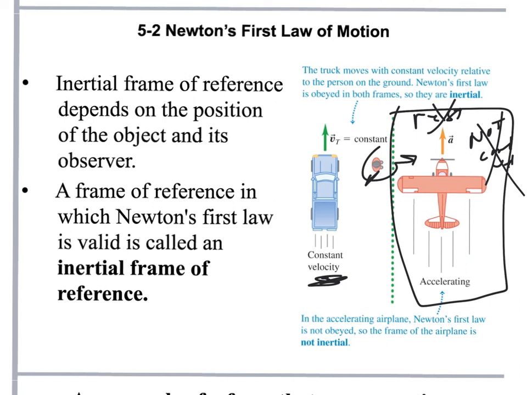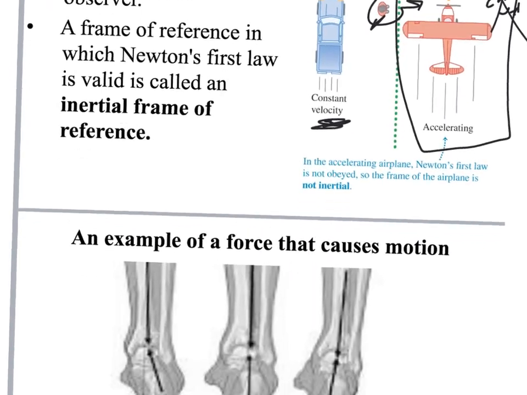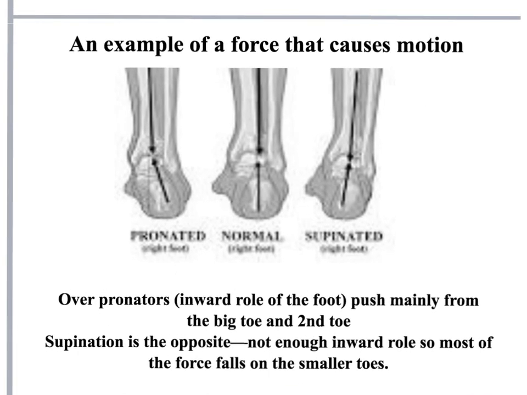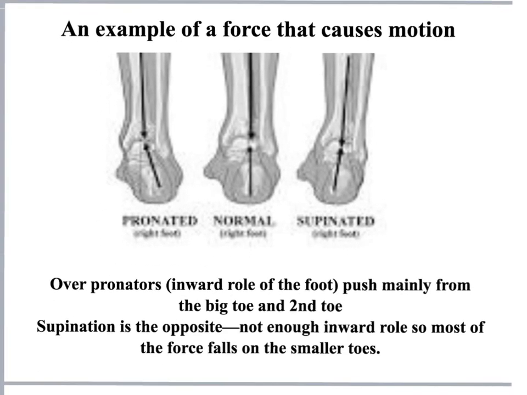And then we have our object in the inertial frame of reference. Forces can cause motion. Here we're looking at a normal foot. And over here the ankle is overpronated, and it's a right foot, so it's moving towards the arch.